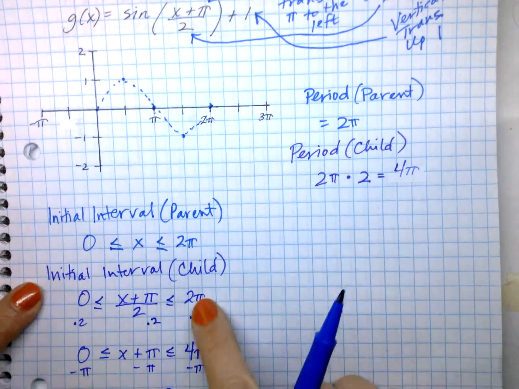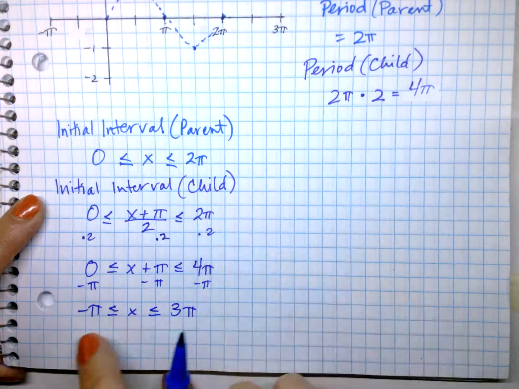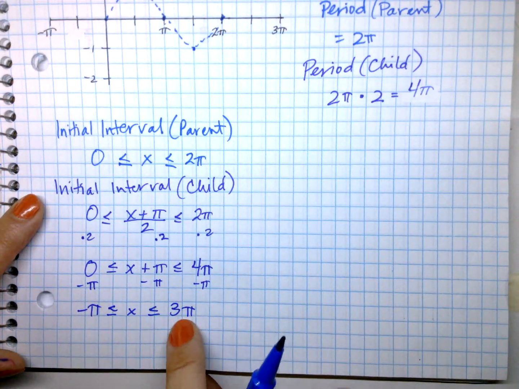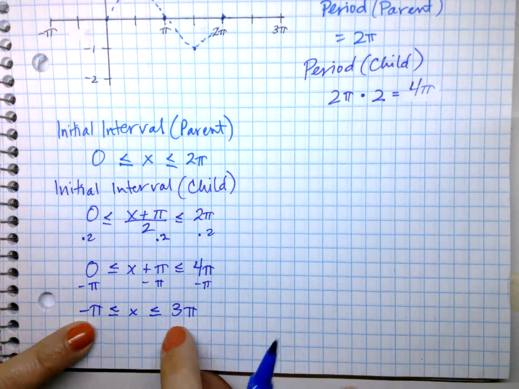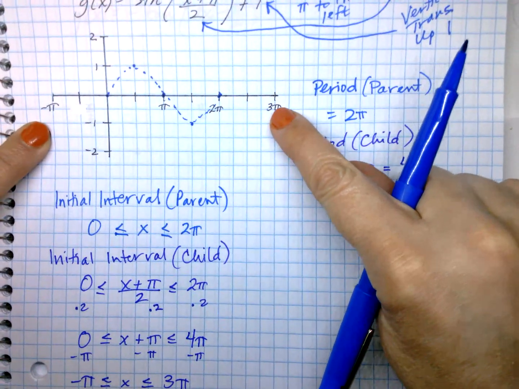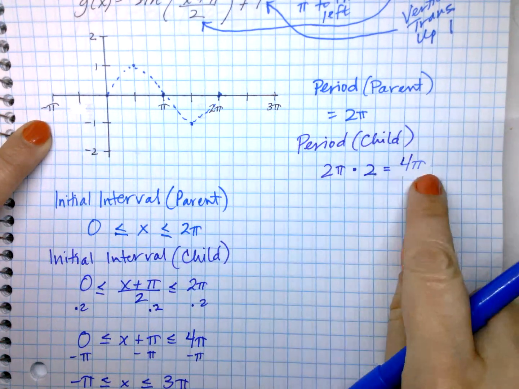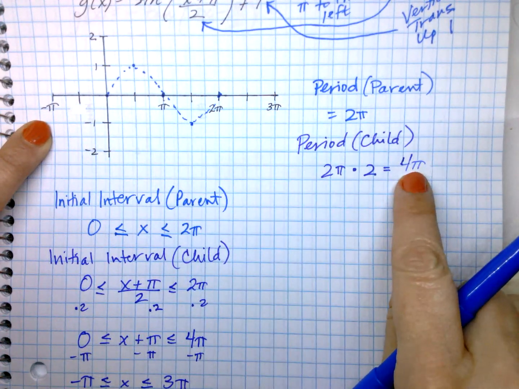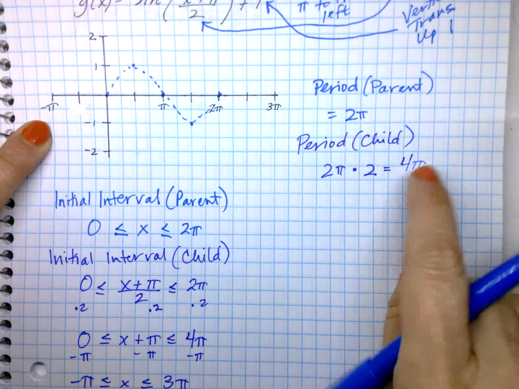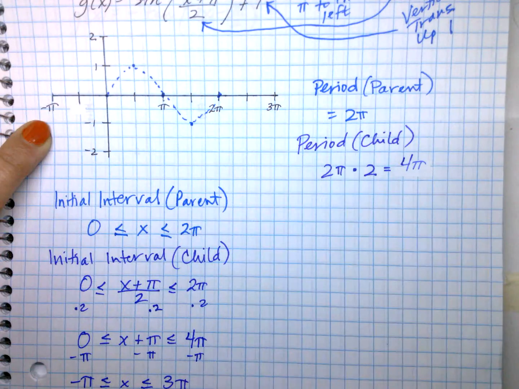Now, when I look at this new interval, it says the initial interval for the child function is from negative pi to 3 pi. Well, I can see that the distance between negative pi and 3 pi is 1, 2, 3, 4 pi's, which makes sense because over here we said that the child function is going to have a period of 4 pi. That's the entire distance you need to go to see a full cycle.